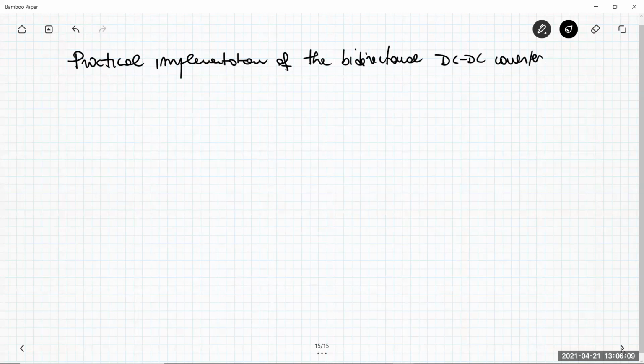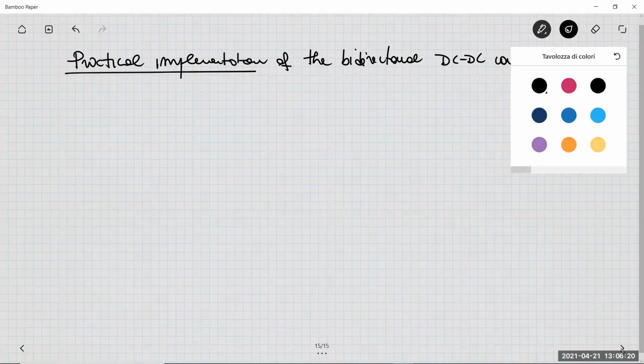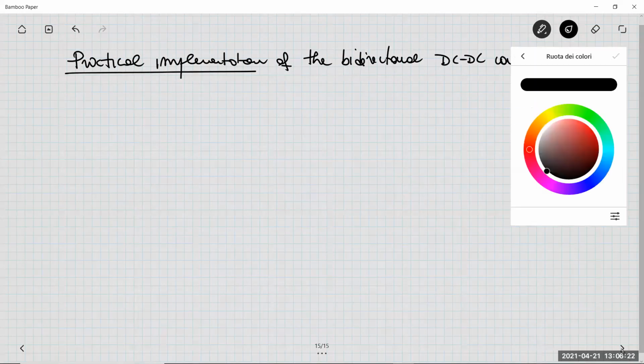Up to now, we have just been illustrating some basic concepts on the bipositional switch circuit, but how can it be implemented in practice?